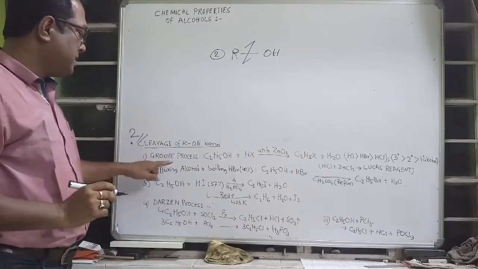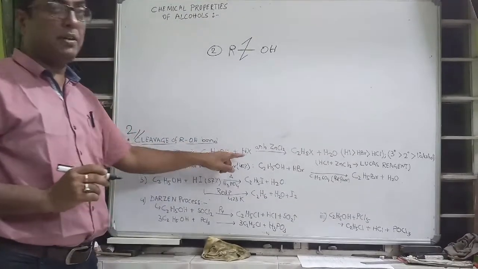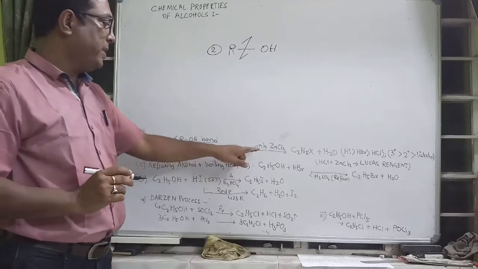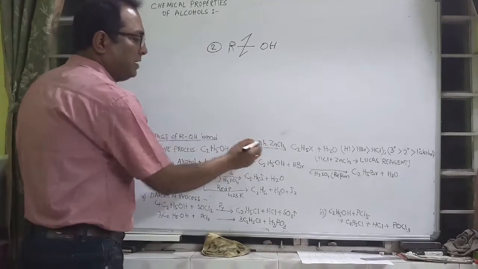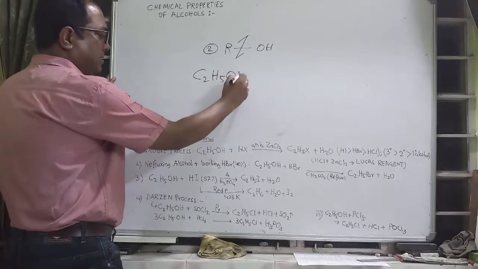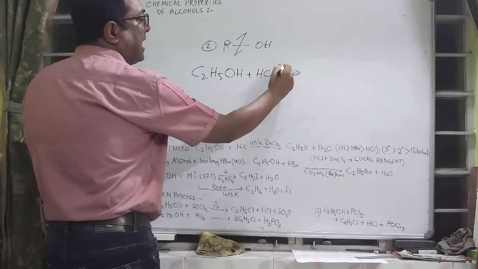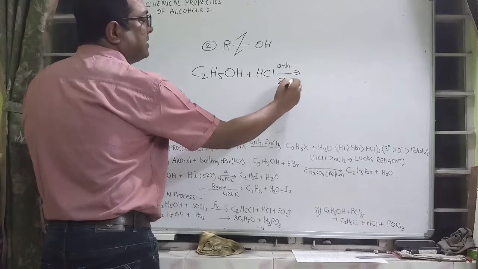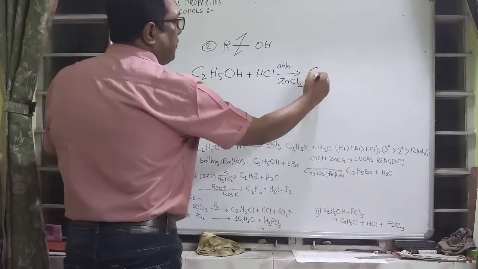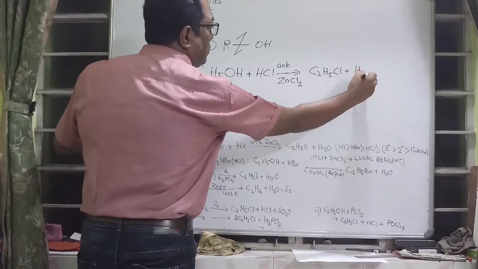The first is the Groves process. With alcohol and any kind of hydroxides with anhydrous zinc chloride, you can see that C2H5OH with HCl in the presence of anhydrous zinc chloride, ZnCl2, is going to form C2H5Cl plus H2O.